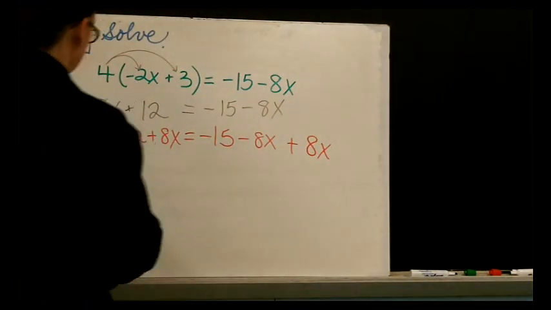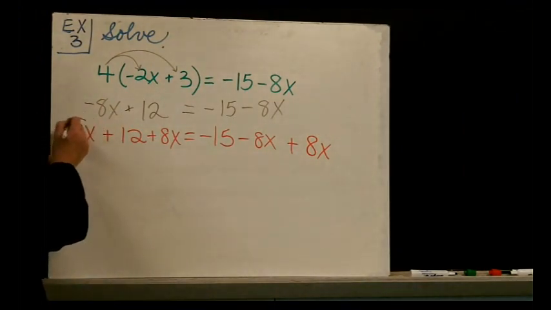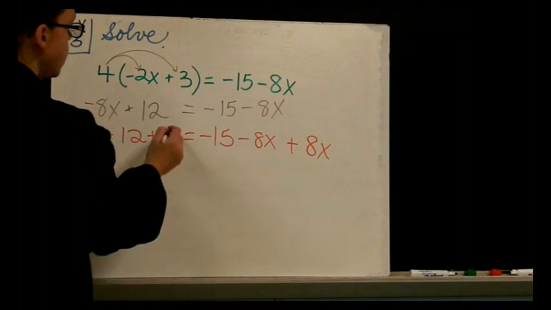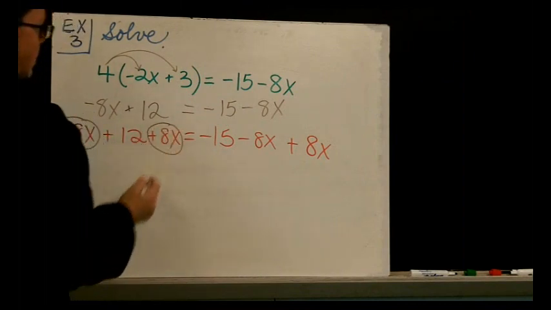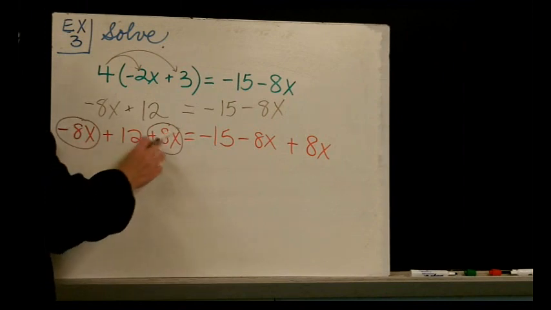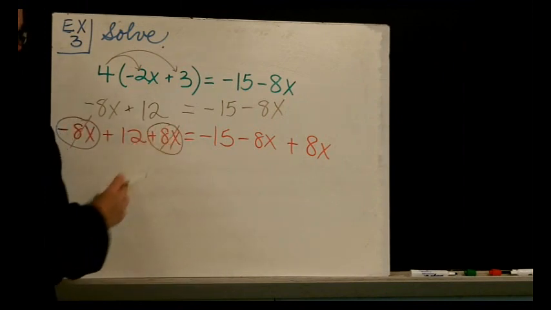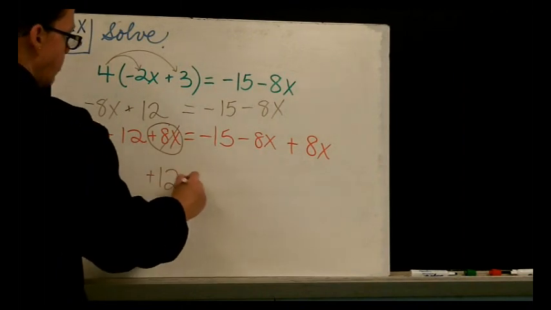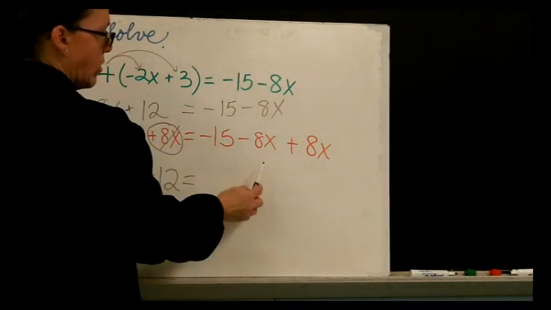Now take a look what happens. Here we have a negative 8x, remember we're going to combine our like terms, and a positive 8x. So what happens? A negative 8 and a positive 8 cancel each other out, and that gives us just positive 12. Let's take a look at what happened over here.